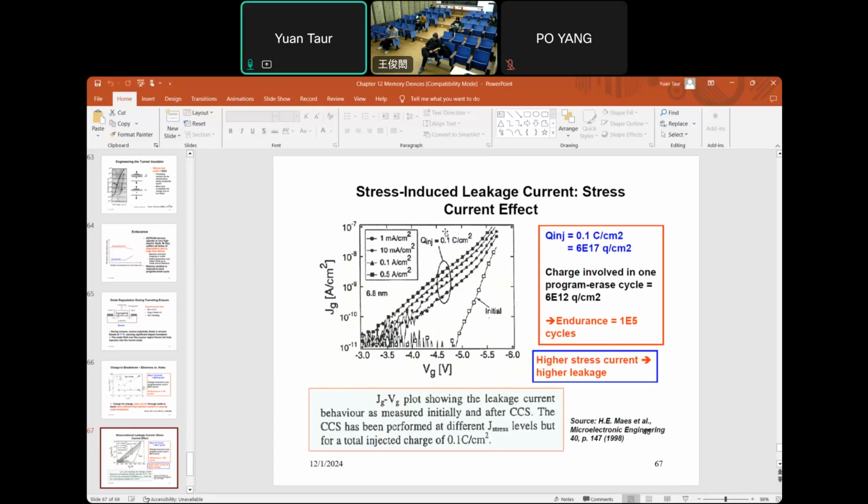But once you program and erase many times, the oxide starts to be leaky, even at voltage less than 5 volts. So in that case, it will affect the retention time of the stored memory.